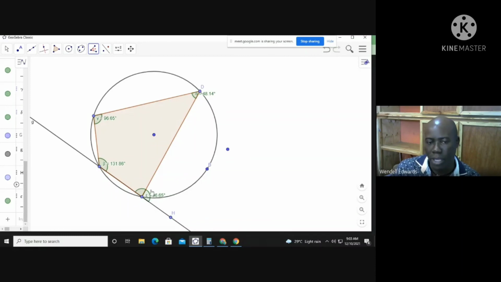Let's go again. This external angle is equal to the interior opposite angle. One last time: the exterior angle of the cyclic quadrilateral is equal to the interior opposite. Hence, 96.65, 96.65. So these are rules that we need to remember.